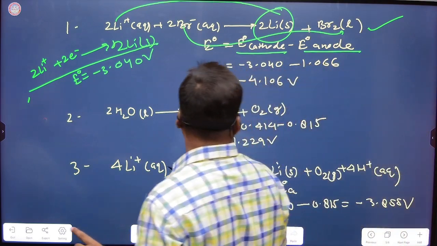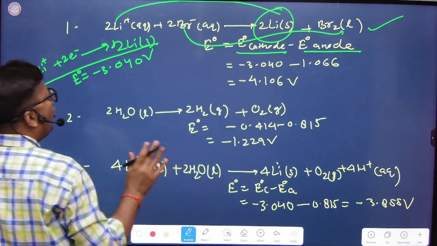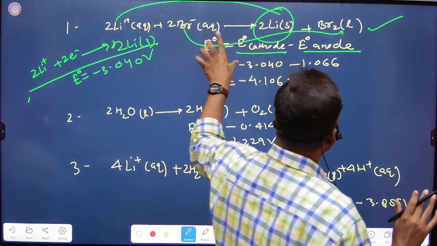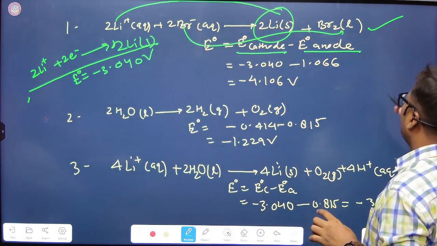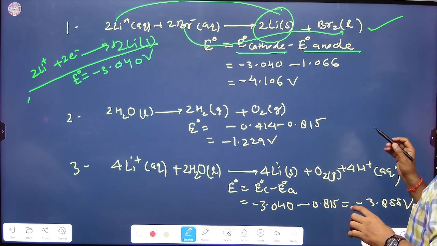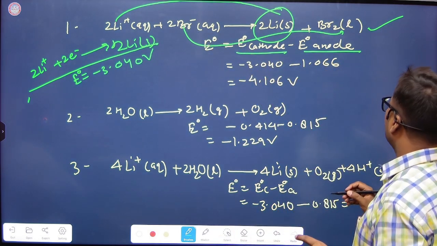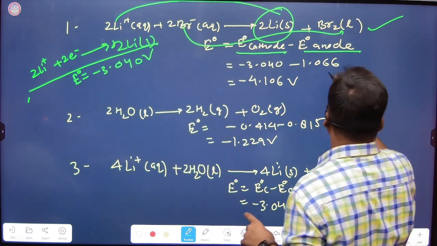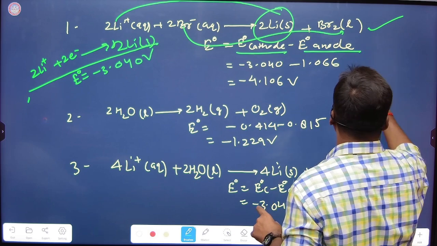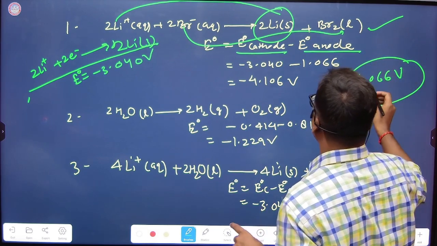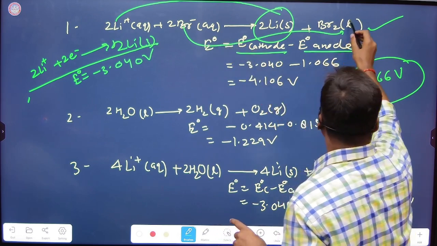As you know, at the anode there is oxidation. So bromide ion is getting oxidized into bromine liquid. Corresponding to this reaction, the standard reduction potential is 1.066 volt for the standard reduction of this half cell reaction.